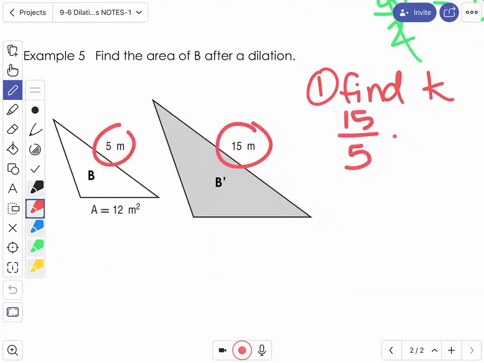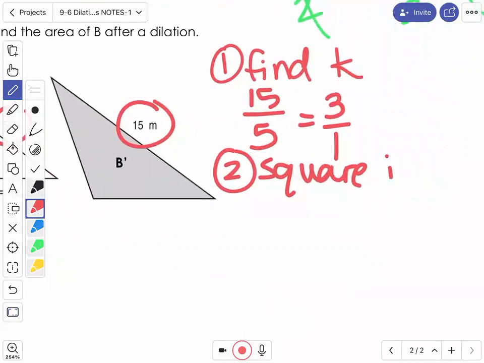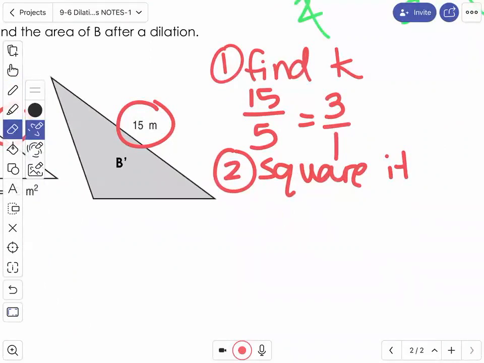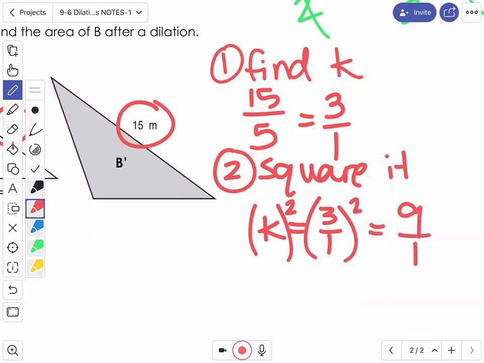So 15 over 5, simplify that down, 3 over 1. Second thing is to square it. So if my k is 3 over 1, we're going to square that. So 3 times 3 is 9, 1 times 1 is 1.